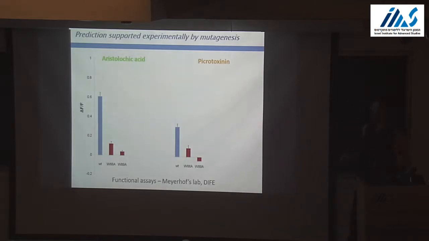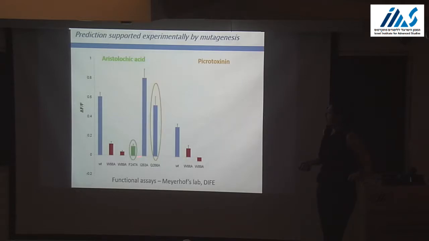But then, if we go for the selective ones or the special ones for each of the ligands, this phenylalanine is important for aristolochic acid, as we predicted, and indeed mutating it is problematic for this ligand. But another one that I didn't mention, Q266, is not important, and indeed doesn't do anything to the activation.